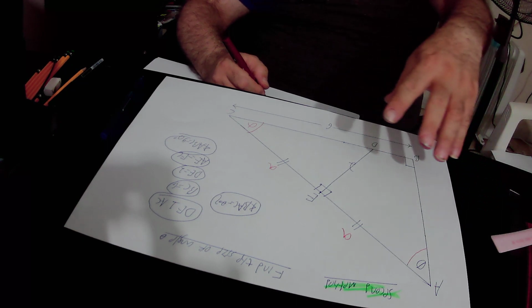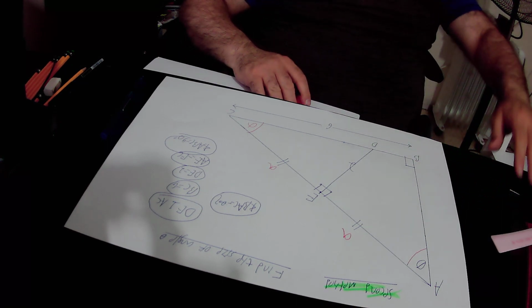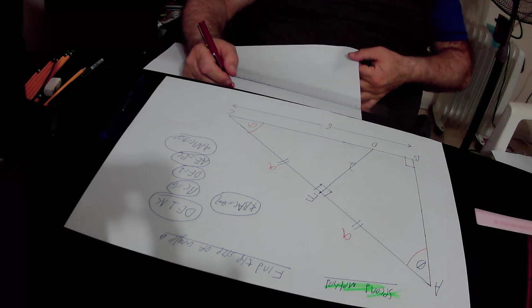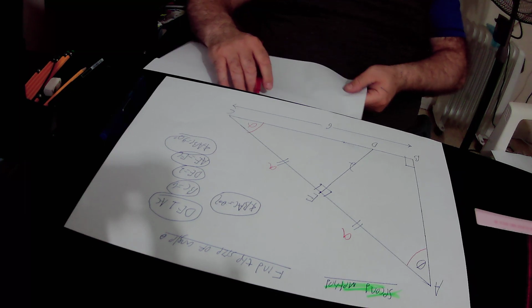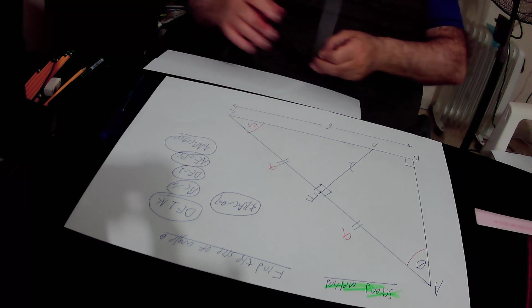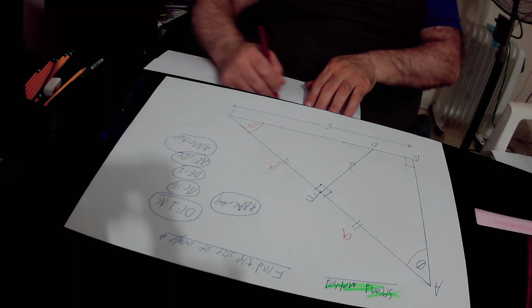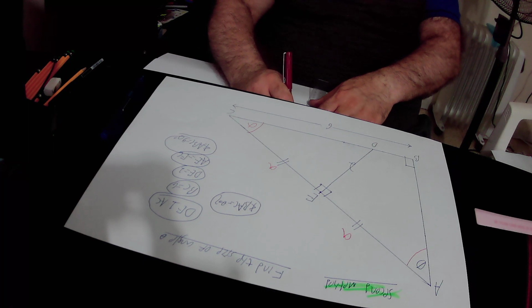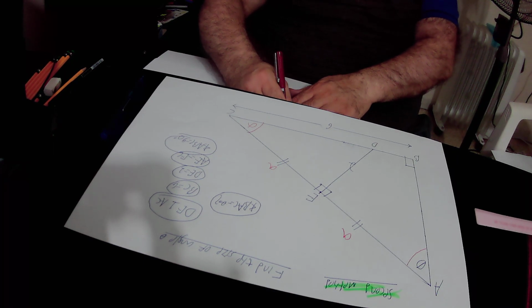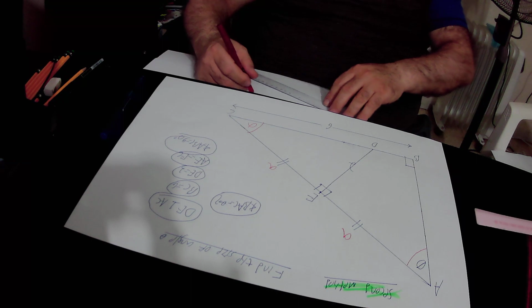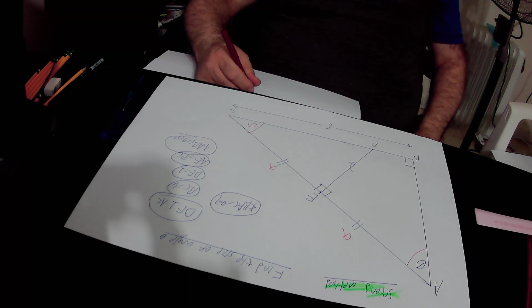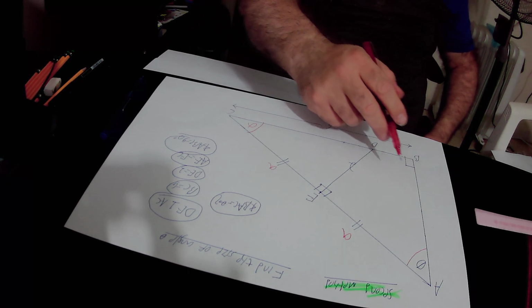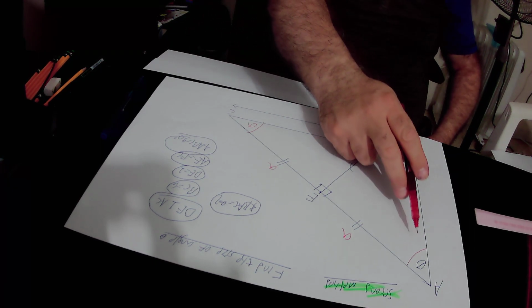I will copy the right triangle ABC in a new page. Here, in the right triangle ABC, we know that this angle equals theta.